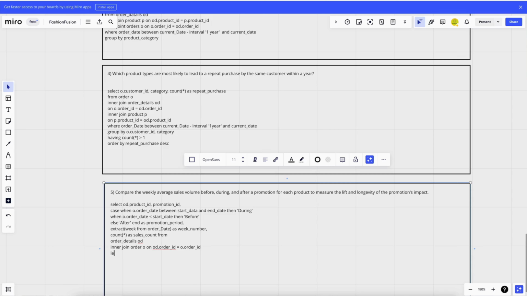And we need to do a left join on promotions because not every product will have a promotion, but we need to find out all the product information. So do a left join on promotion. I'll call this one P here.